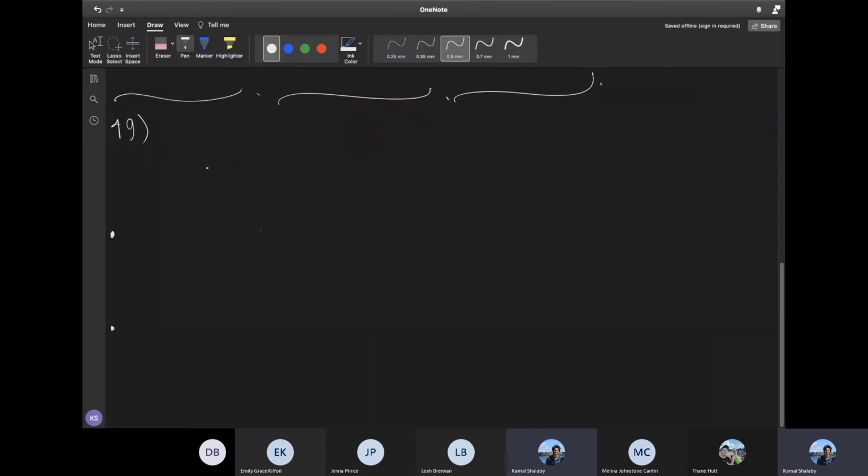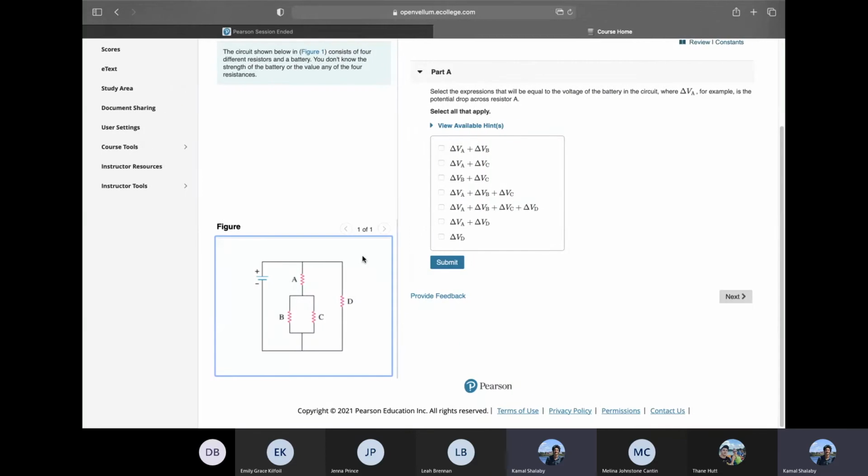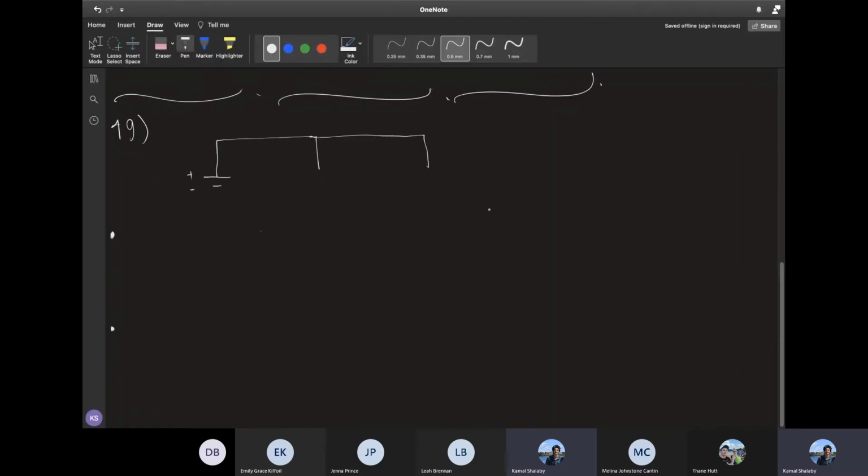Okay, so I just draw that. This is the battery. This is the plus. This is the minus. It goes up, then it breaks into 2 things. Am I being recorded? Yeah, good. We have a potential difference. We have a resistor D. Go down.